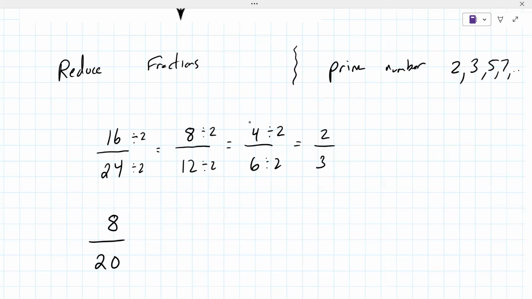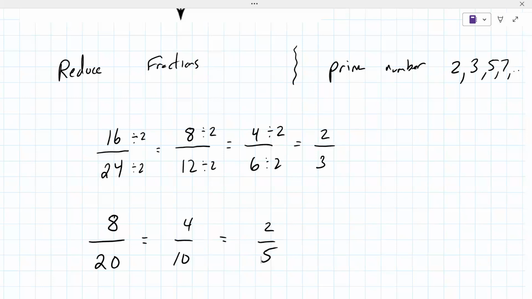Keep going. If it works again, keep going. Yes, that does reduce, but keep going. 2/5. Yes, perfect. So this becomes 4 over 10 and then 2 over 5.